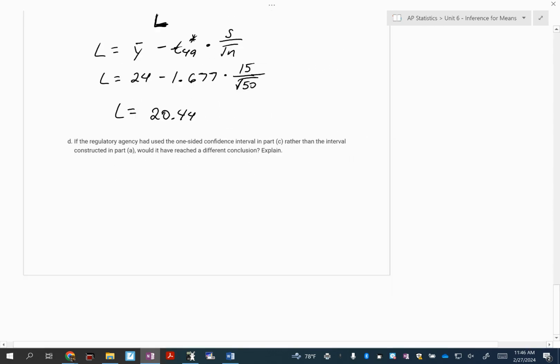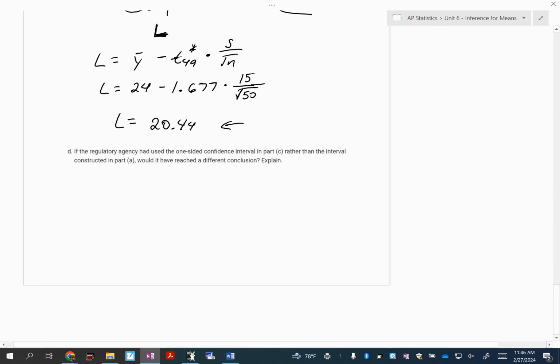So it says, if they'd use this, 20.44 milligrams per deciliter as their lower part of the confidence interval in part C, in part A, rather than 19.7, would they have reached a different conclusion? The answer is yes, because 20 milligrams per deciliter would not be in the confidence interval.